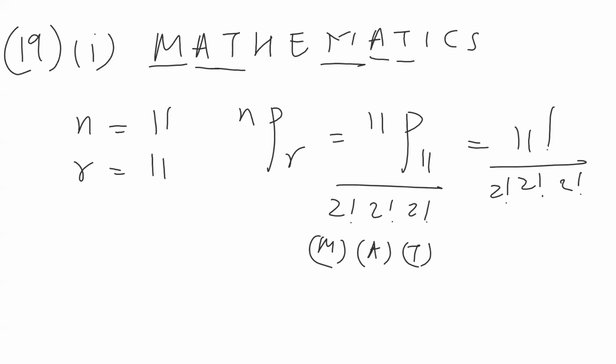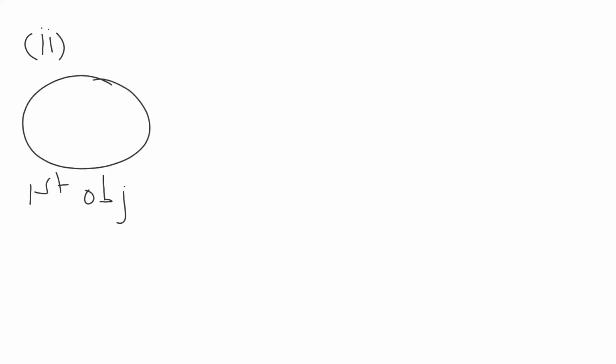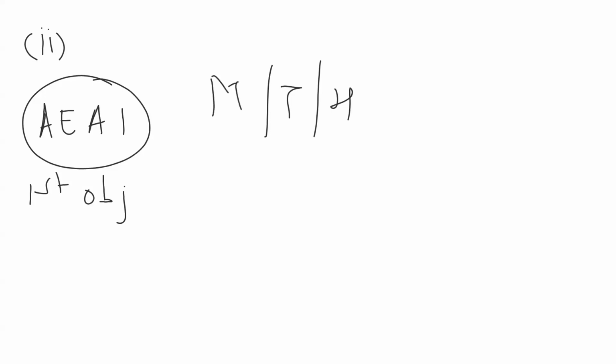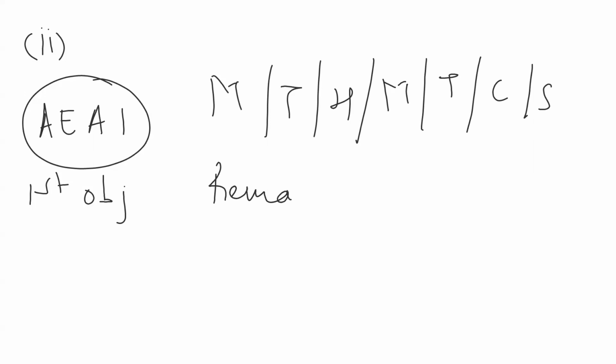Second part, vowels are always together. So first object will be A, E, A, I. And the remaining objects are M, T, H, M, T, C, S. So these are 7.